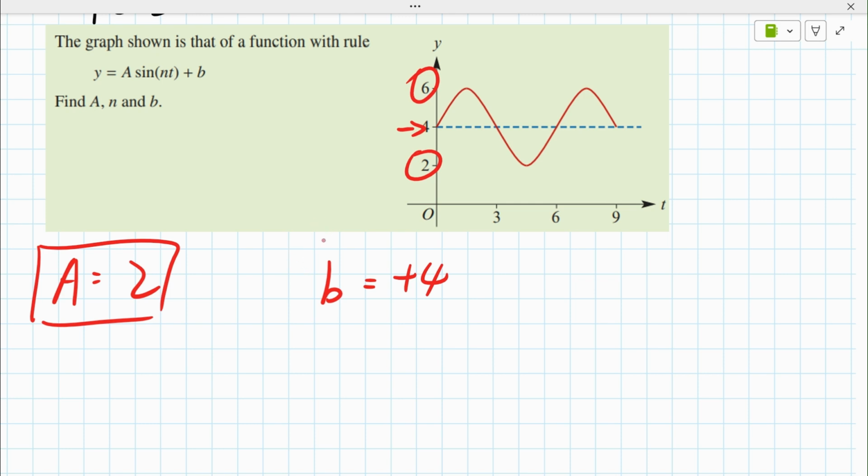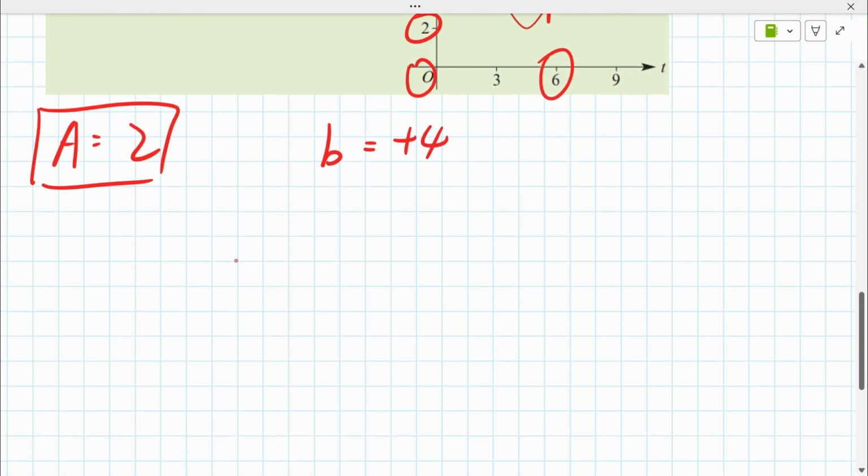Now we're going to figure out the period. We can say 0 to 6 is our period, so forget about this half. We can start from here to here, so that's one period of the sine. So 2 pi over n equals 6, 6n equals 2 pi, and n equals pi over 3.